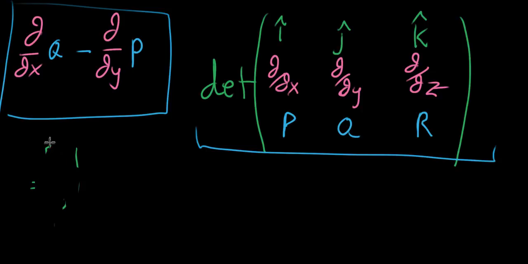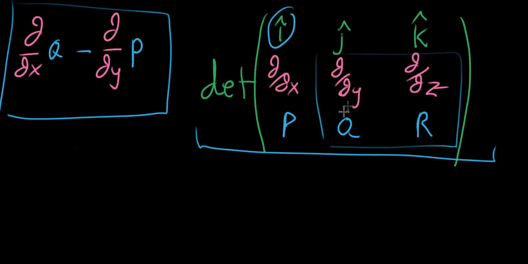If you're computing the determinant of the matrix pictured in the upper right, you start by taking the upper left component and multiplying it by the determinant of the submatrix whose rows are not the row of i and whose columns are not the column of i. So we take the unit vector i and multiply it by a little determinant.